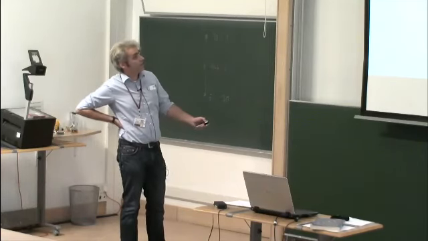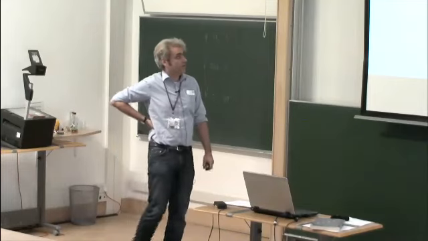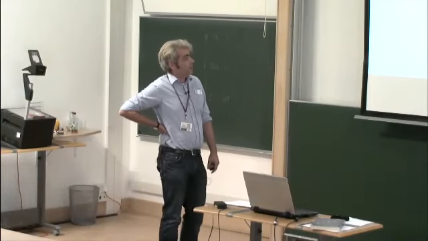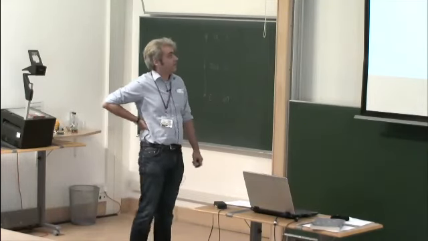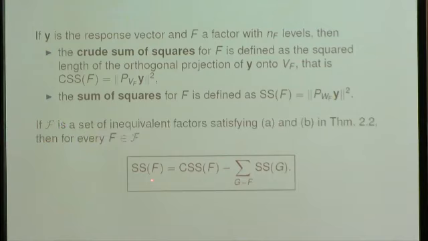And if we project instead the data vector onto the W space for the factor F and square its length, then we get the sum of squares. And the previous theorem also tells us that the sum of squares for a factor can be obtained from the crude sum of squares for F minus the sum of all the sums of squares for factors that are coarser than the factor F we're interested in.